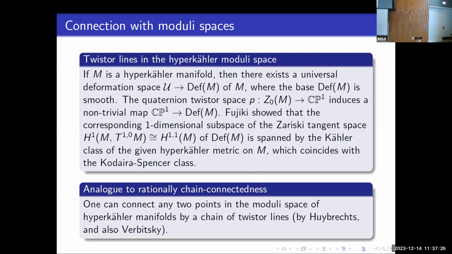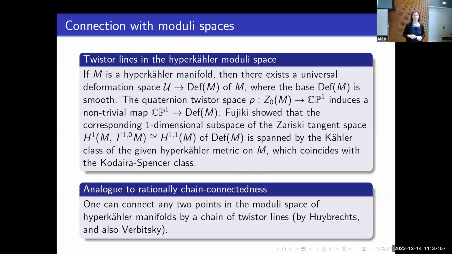So then there exists a universal deformation space, which is locally patched up by open charts, which look like deformation spaces of M. So when you patch it up locally, you get a global moduli space, and it's unobstructed.